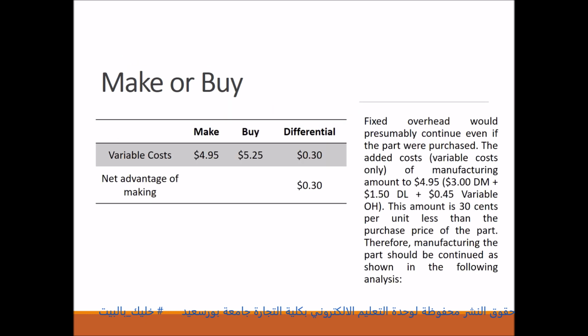Fixed overhead cost would continue even if the part were purchased. The added cost of manufacturing is 30 cents per unit. This amount, the 30 cents per unit, is less than the purchasing price of the part. Therefore, manufacturing the part should be continued as shown in this analysis.